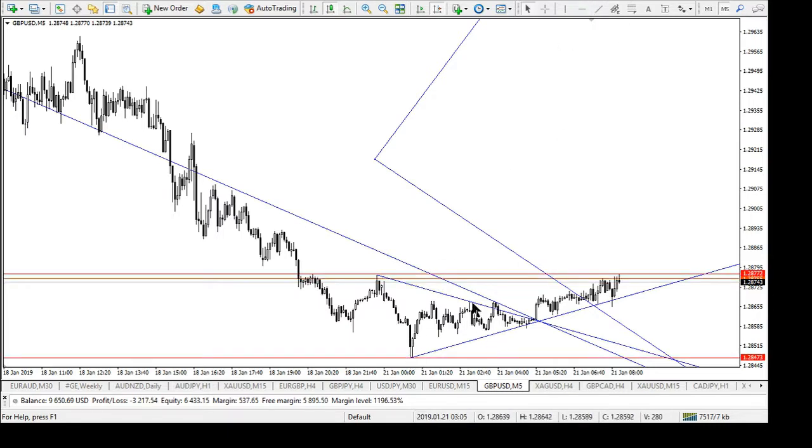But doesn't matter. I don't really consider this as a consolidation, well, in my own method of analysis. Well, we'll get into that and then see where it's gonna go.